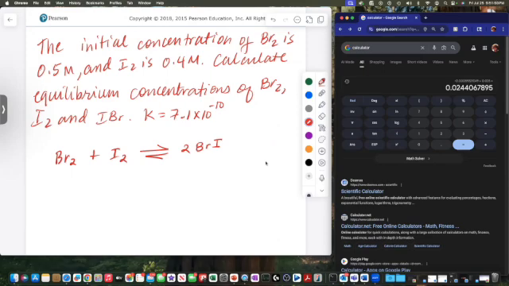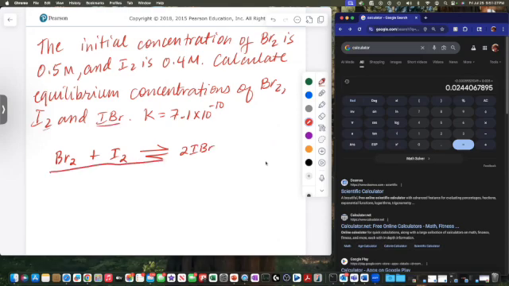Well, I guess I have to write it like this, right? 2IBr. I'm trying to copy this format here. Okay.